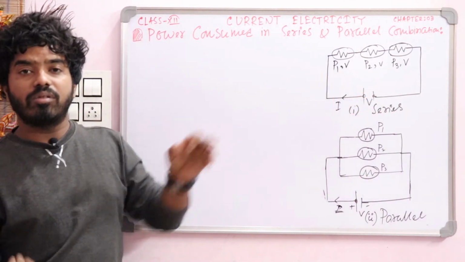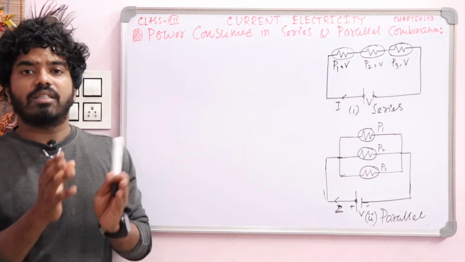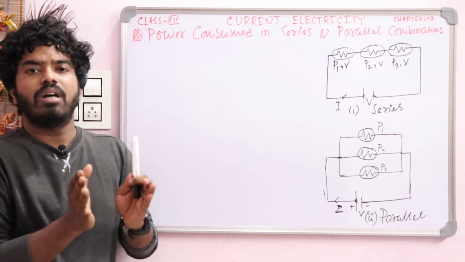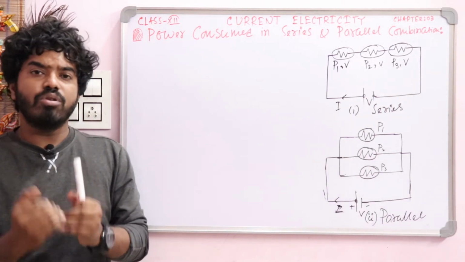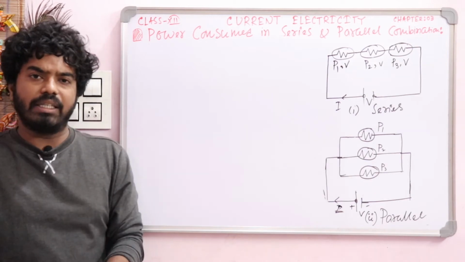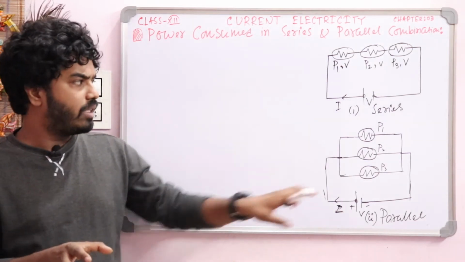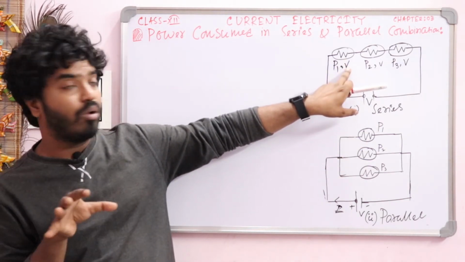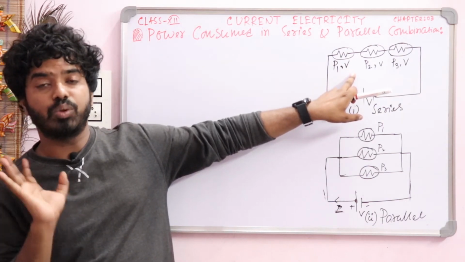Because in our household electric supply, the supplied voltage is fixed for Indian households, that is 220 volt. So most of the appliances are operated with the same voltage, 220 volt. Here the supplied voltage is V, and all the appliances' marked voltage is also V, which for household purposes is 220 volt.